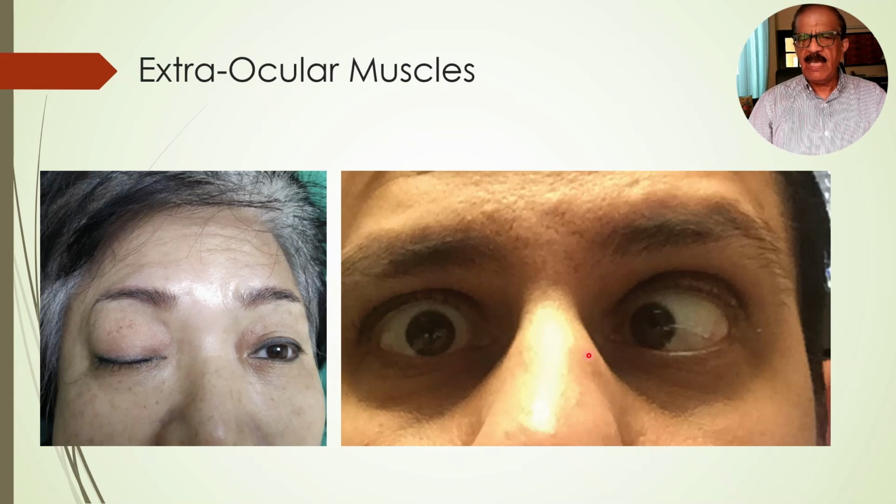Similarly, our eyeballs are kept aligned, but in this case, this eyeball has moved medially. Most probably because the muscle which is supposed to pull the eyeball laterally, the lateral rectus, is paralyzed. Maybe this person has left sixth nerve paralysis and the left lateral rectus muscle is paralyzed.